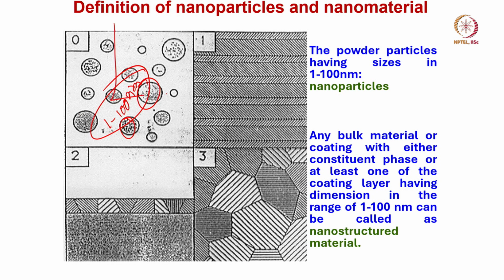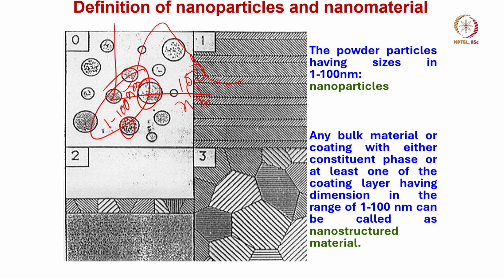If you plot the distribution, the majority of the particles should be in this 1 to 100 nanometer range, then we call them nanoparticles.